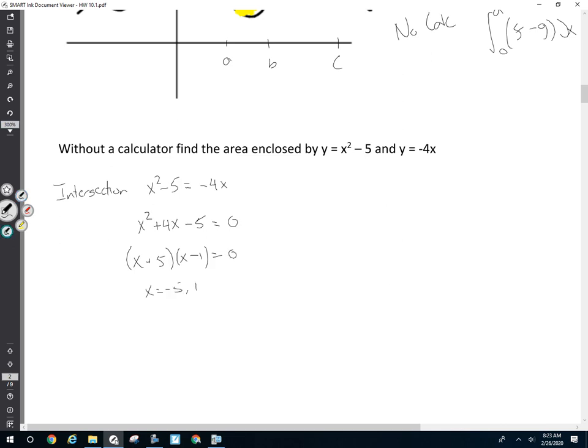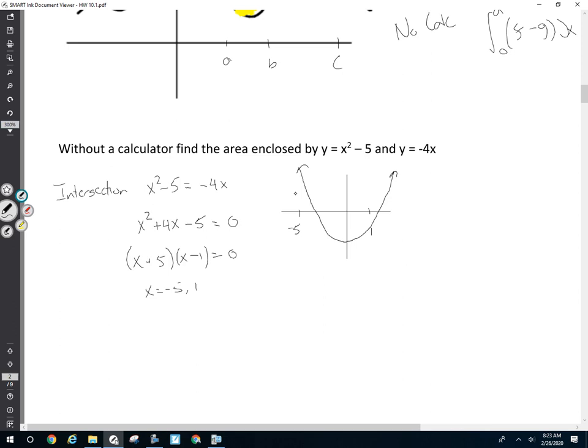So now I'm going to go ahead and sketch. I'm going to focus my attention on -5 and 1. And x squared minus 5, we know, is a parabola, something like this. And we could plug in values, like if I plugged in -5 into this, I'd get 25 minus 5, which is 20.